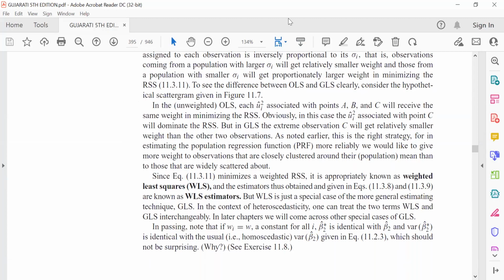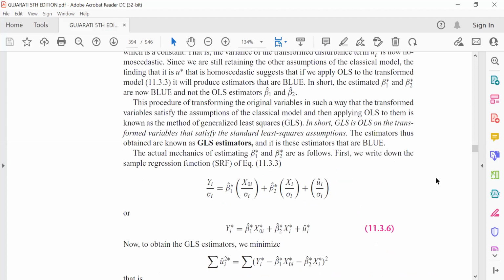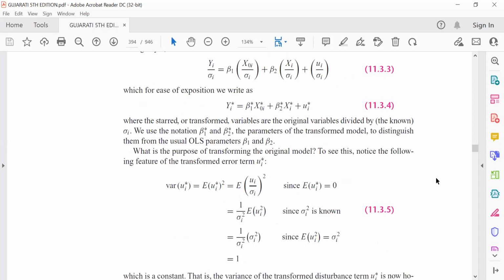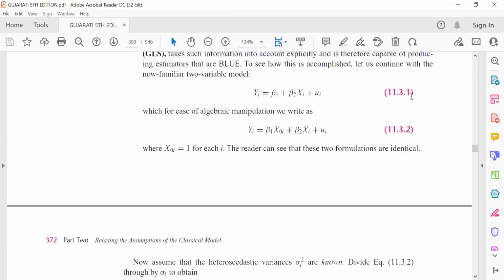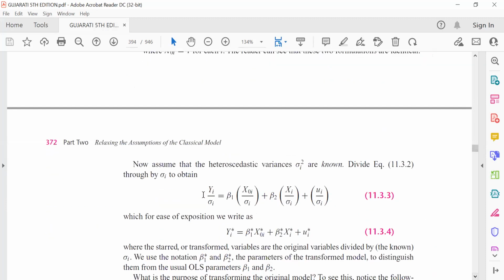That means you mean? I think it's 11.33. Yes, the 11.33, this one.